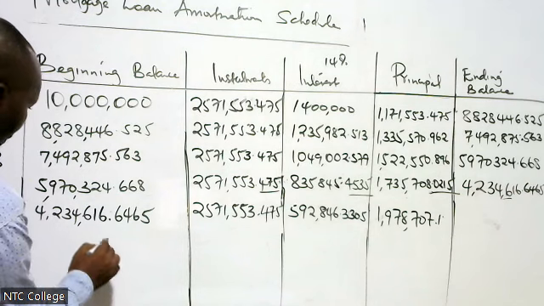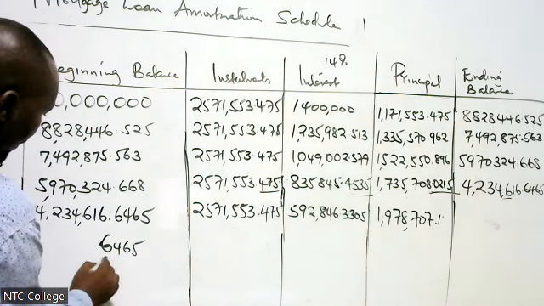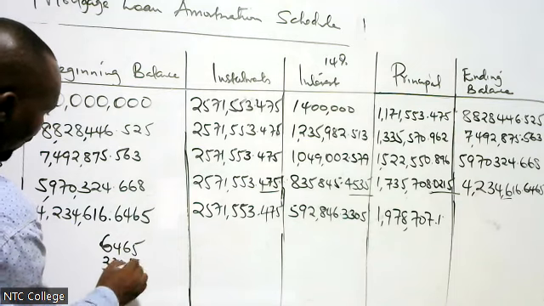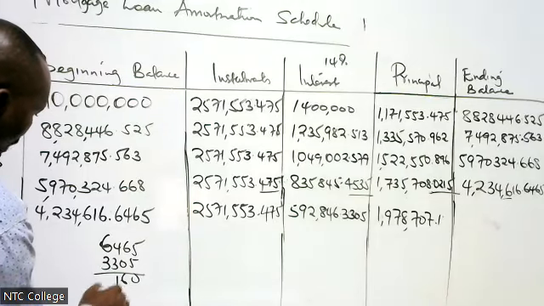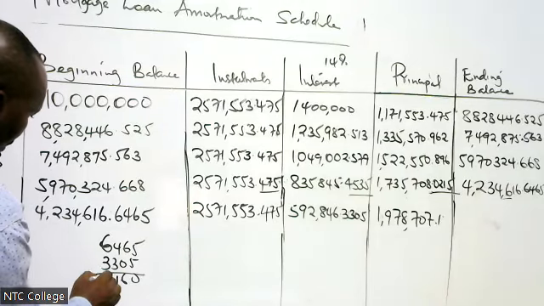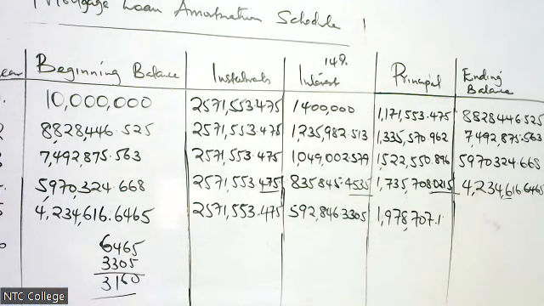What did you do? What did you do? Principal. So we have 64.65 minus 33.05, 0.5, 0, 6, 1, 3. I expect the last figure to be something closer to this. 144, the last. 144.5. How come now it is very far from what I'm seeing?